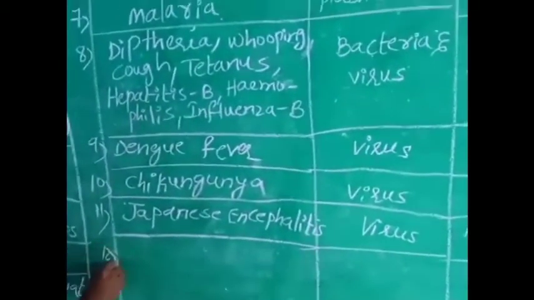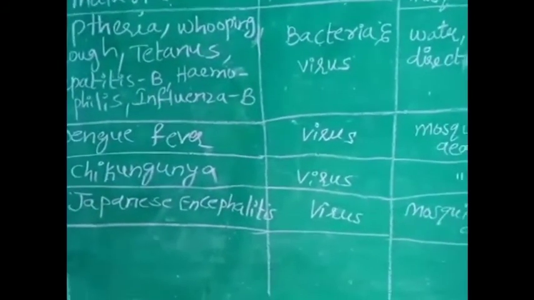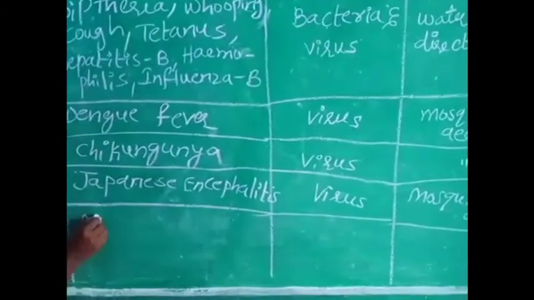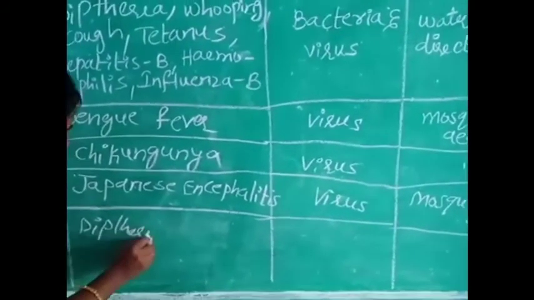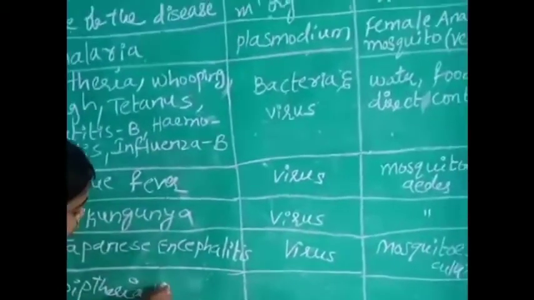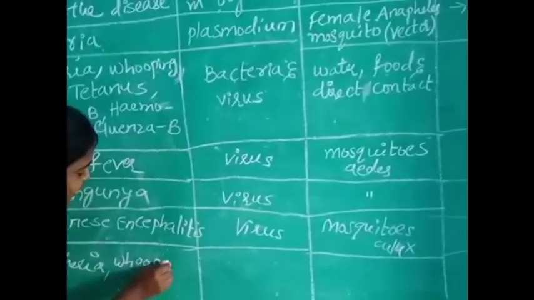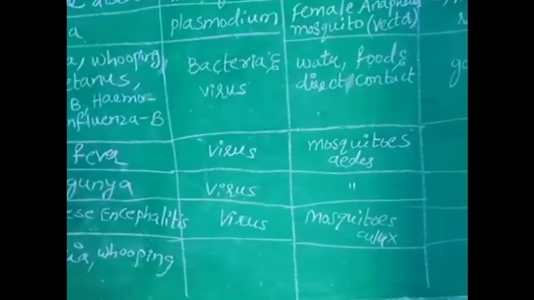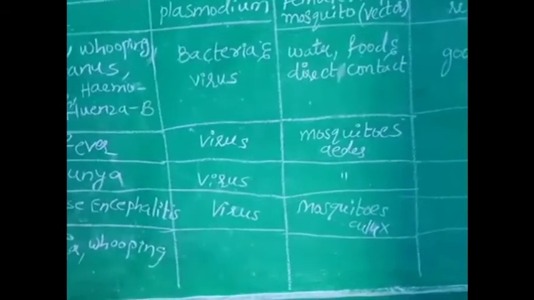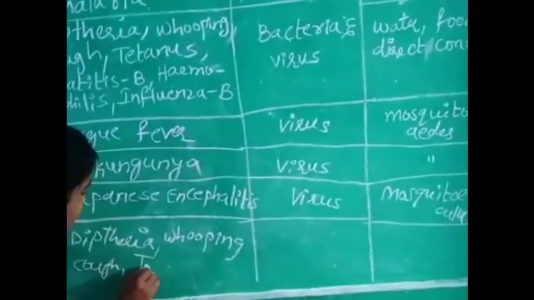Okay, next the 12th one: diphtheria, whooping cough and tetanus.